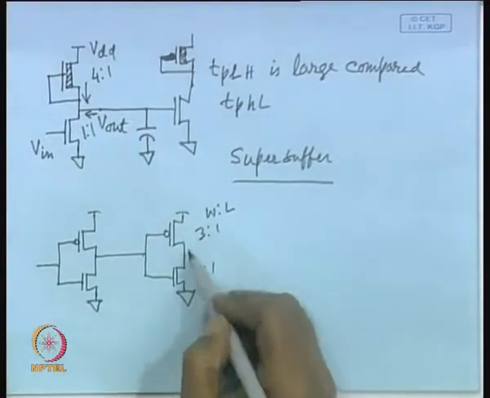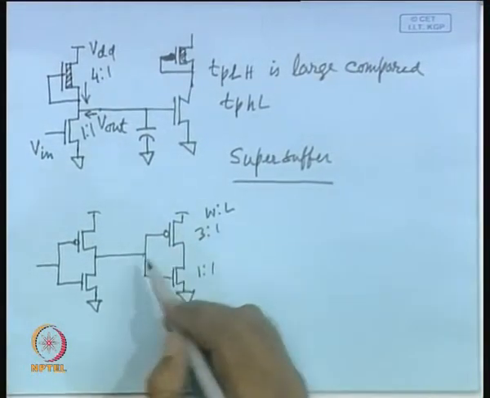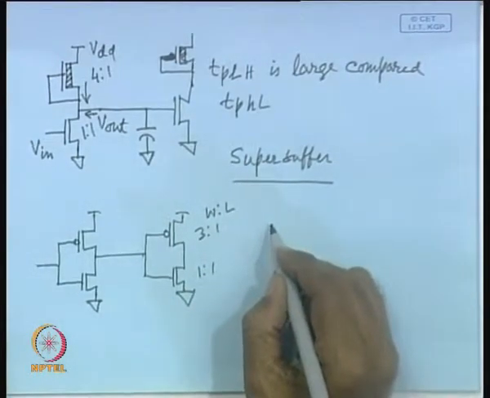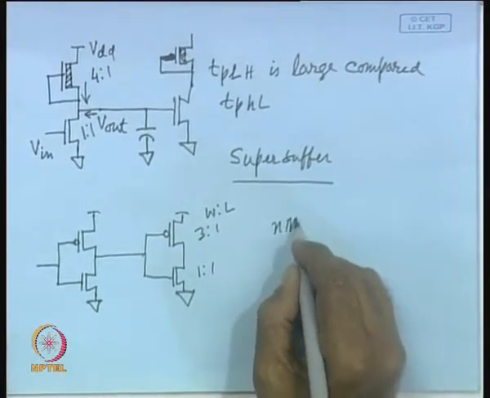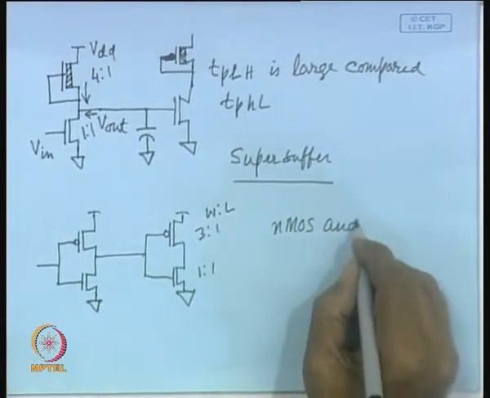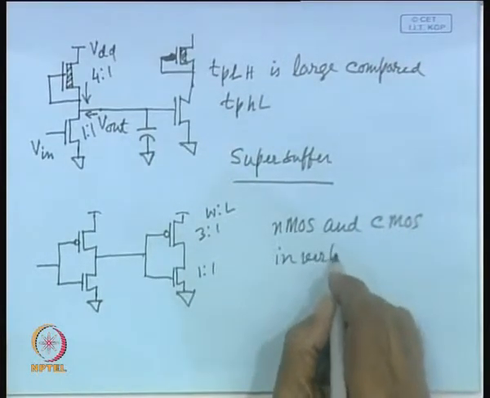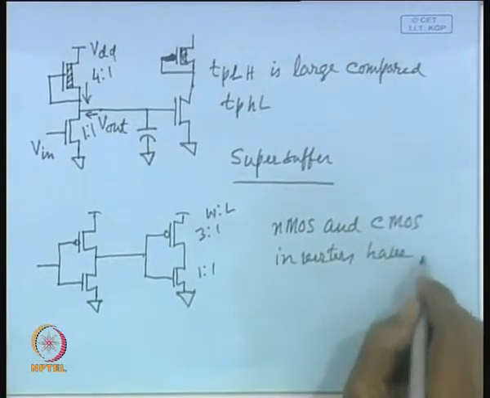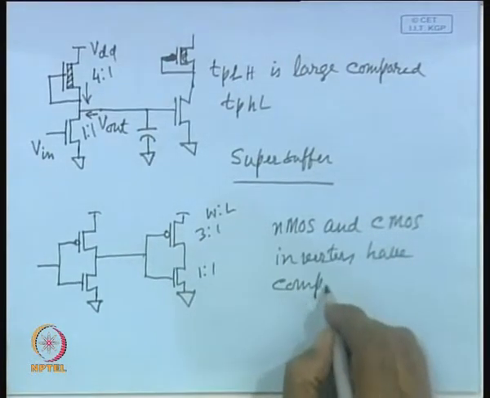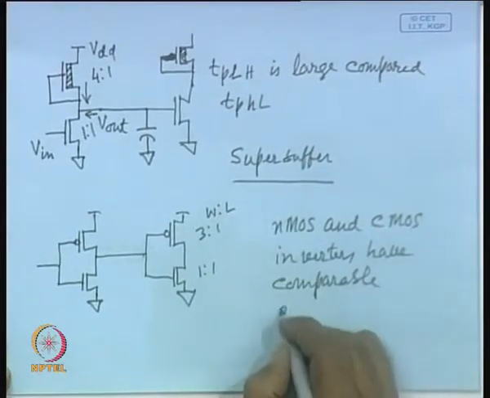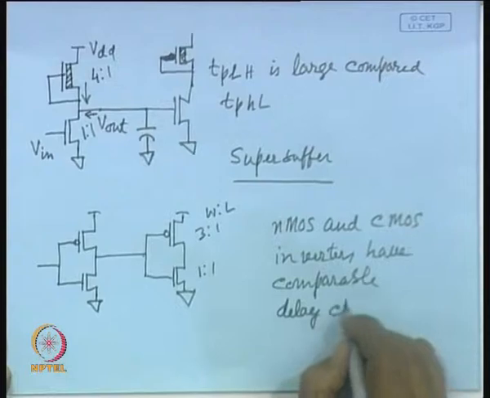That means, in case of CMOS inverter you are getting more drive capability, but the capacitance is larger, and as a consequence the CMOS inverter is not really very fast. That means, the NMOS and CMOS inverters have comparable delay characteristics.